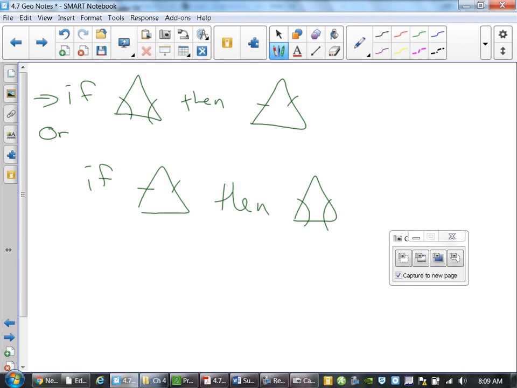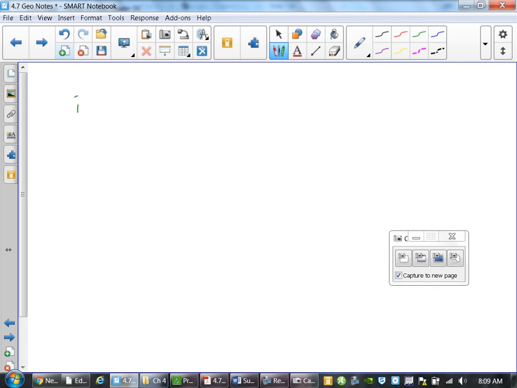Also goes along with this: if I have that, what can I say about the sides? All the same. That's the same basic idea.